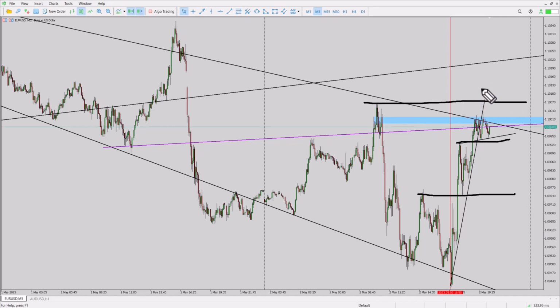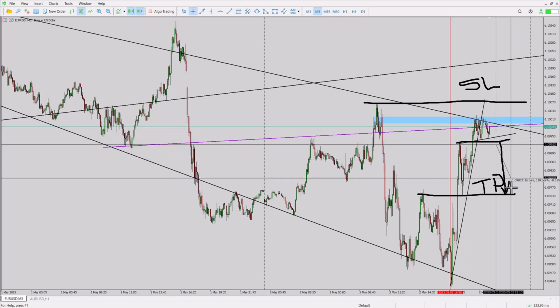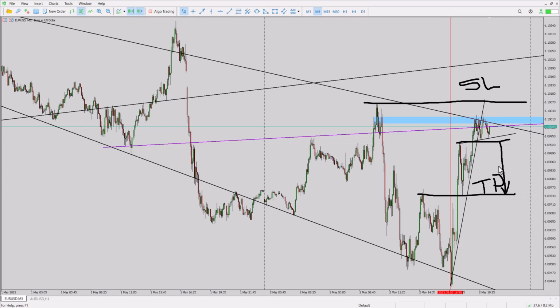So your stop loss should be up here, your target should be down here, your TP, take profit. Okay, so we take this area, this distance, as a take profit. How much is it? It's probably 17 pips in a 5-minute time frame. So you can get at least like a half of it, maybe 7, 8, 9, 10 pips if you're good.